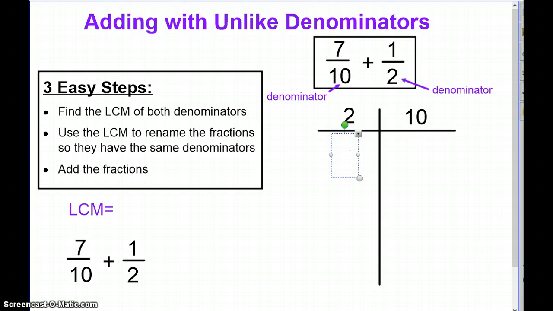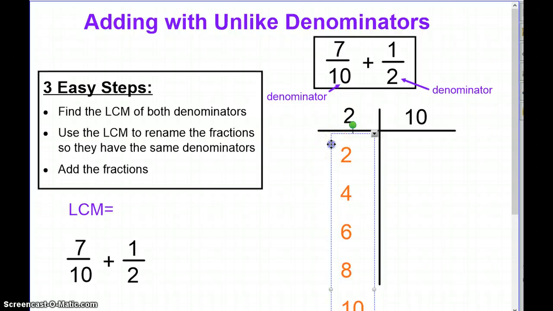Okay, let's remind ourselves that multiples are products that have a certain number as a factor. So in this case, 2 is the factor. We're going to list the multiples of 2. You could also say we're going to be counting by 2s, okay? So the multiples of 2 are 2, 4, 6, 8, 10, 12, 14, 16.